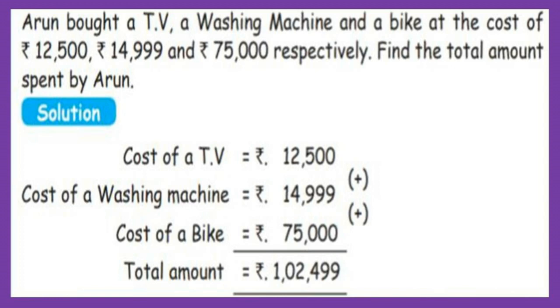So, the cost of the TV is rupees 12,500. Cost of the washing machine is 14,499. Cost of the bike is 75,000. If you add all together, you will get the answer 1,02,499.